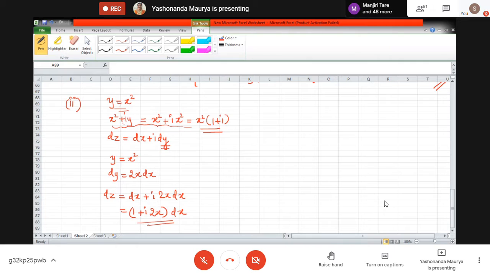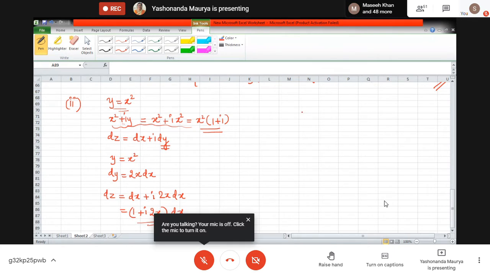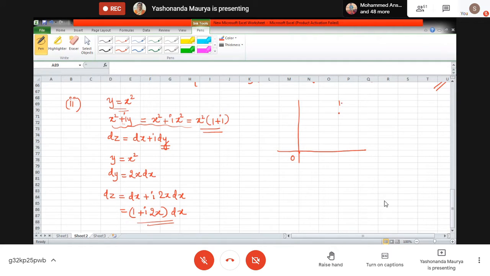And now we need the limits. How do we get the limits over here? Suppose this is the point 0 and this is the point 1 plus i. When we try to understand what this curve is, it is this parabola.